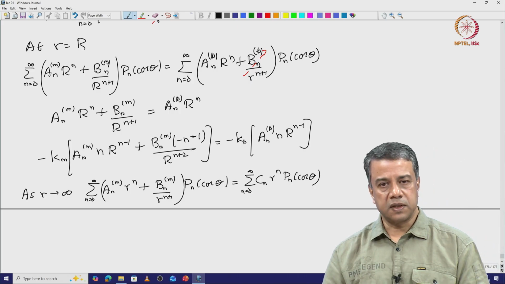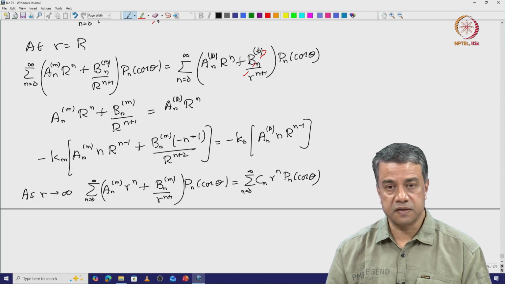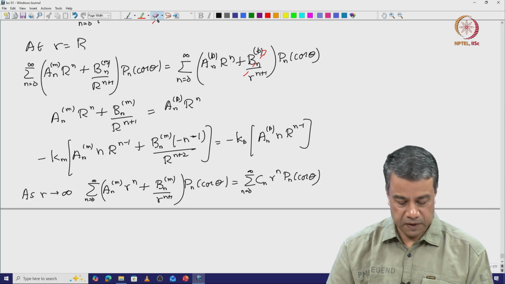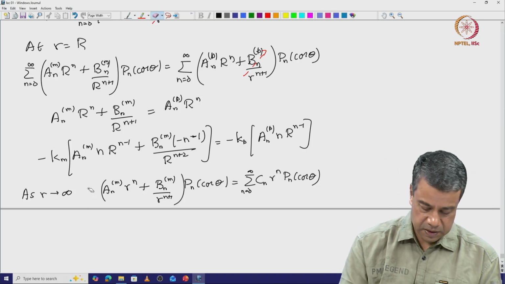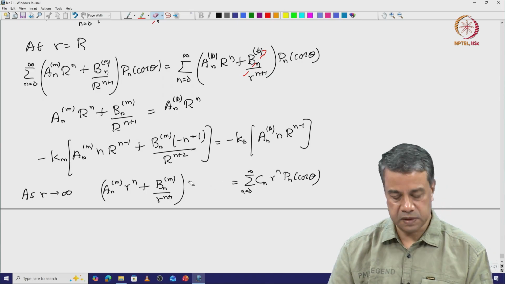And I had argued that since the Legendre polynomials are all orthogonal to each other, this has to be satisfied for each value of n.